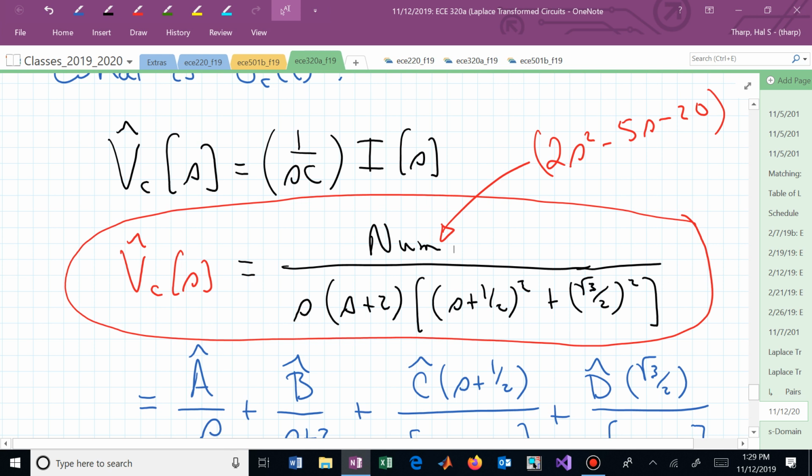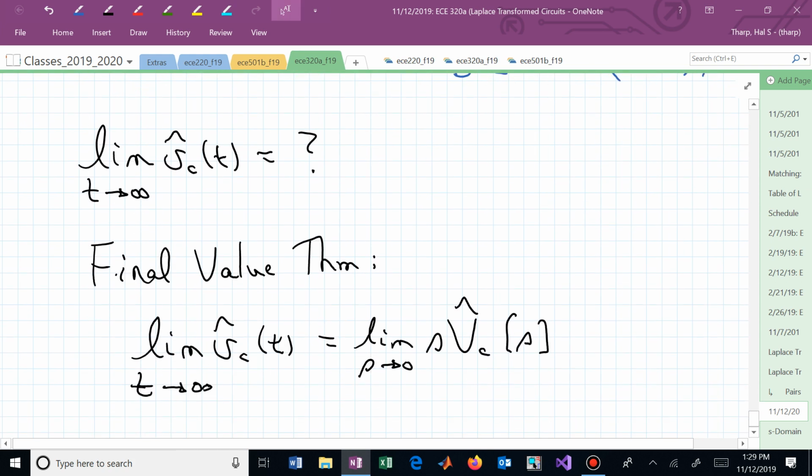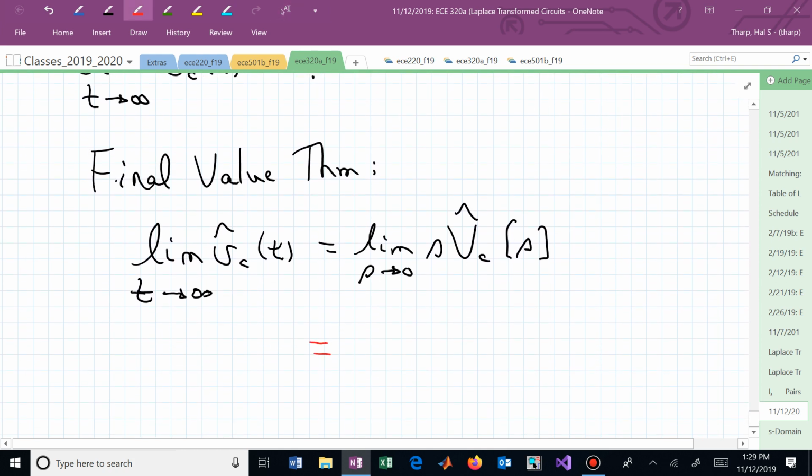Using the final value theorem, we now have found the final value of V sub C hat of t. We now have said that this is the limit as s goes to 0 of this mess, numerator over that.